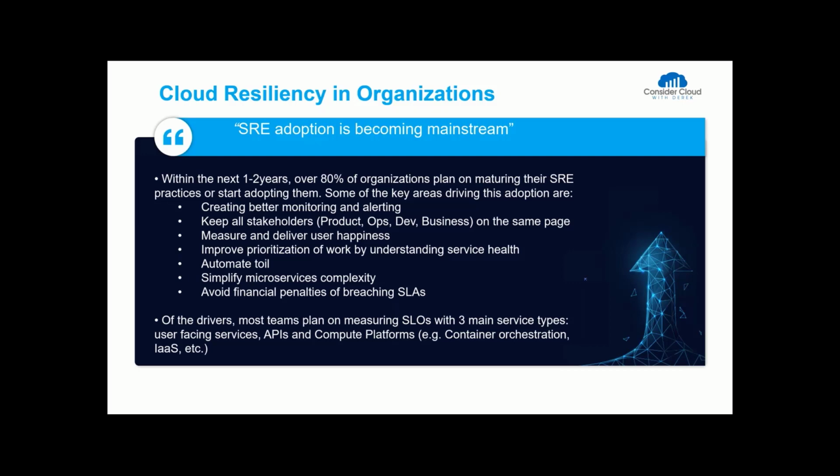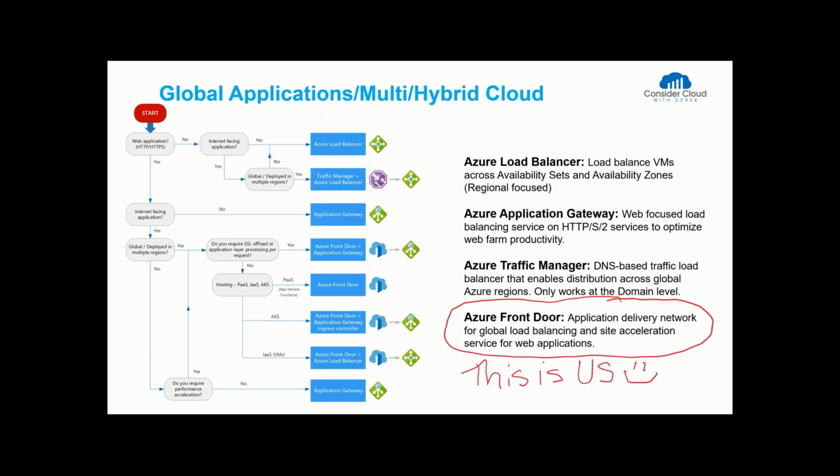And the good thing for us is Front Door supports all of those, whether it be virtual machines or traditional infrastructure loads, AKS, right? Azure Kubernetes Service, PaaS services like App Services, APIs, and Functions. So of all those drivers that organizations are looking at to drive their SRE adoption, their SRE maturity, Front Door is going to play a critical role in all of those key areas.